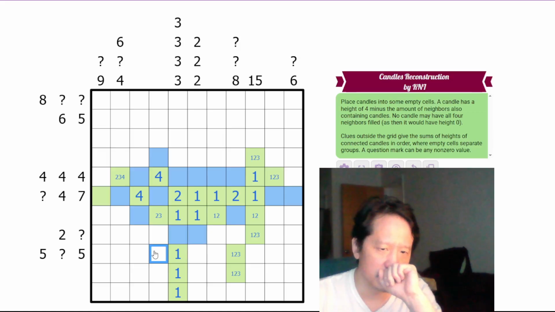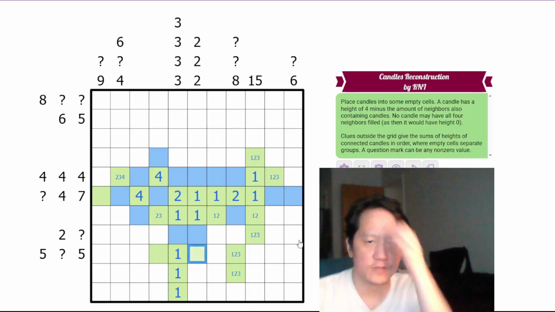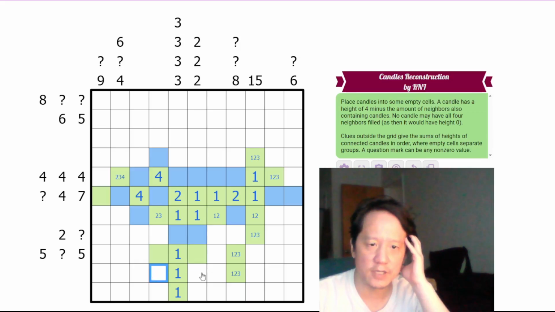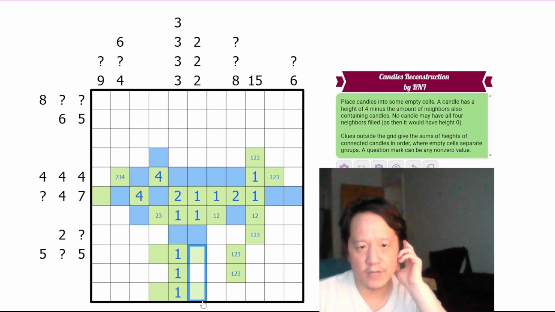1 means this has to be green, green and green. Because 4 minus number of neighbors containing candles, so that's 3 neighbors containing candles. This has to have green and green. You could not have this be green here.